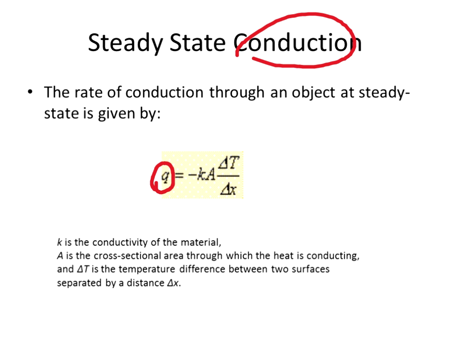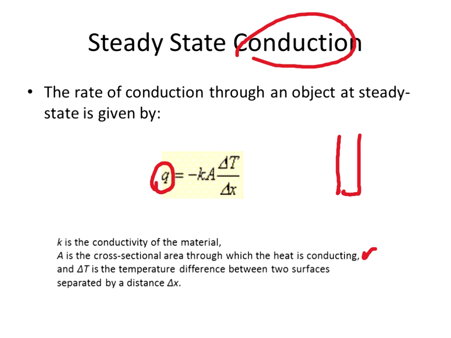You find it from tables for different metals or ceramic materials, aluminum, lead, stainless steel. A is the cross-sectional area through which the heat is conducting, and delta T is the temperature difference between the two surfaces separated by a distance delta X.